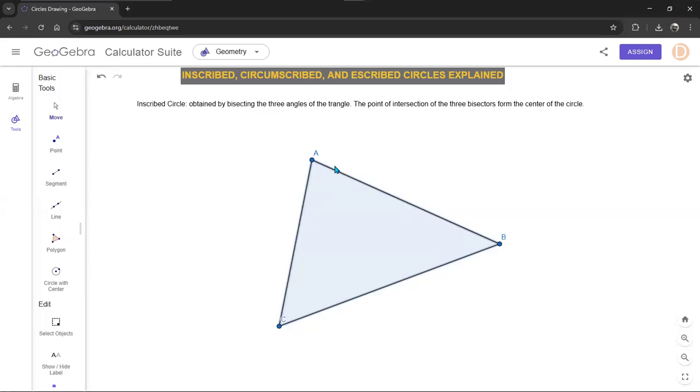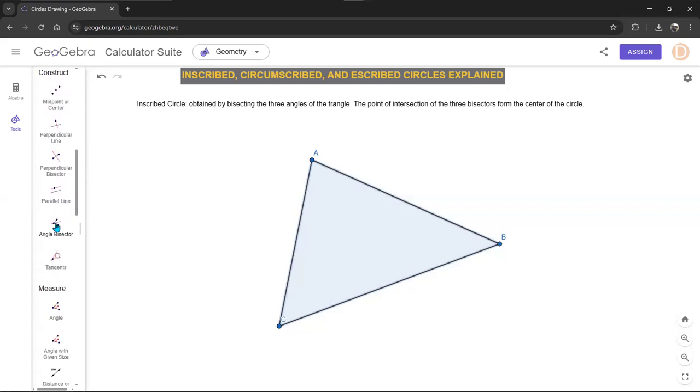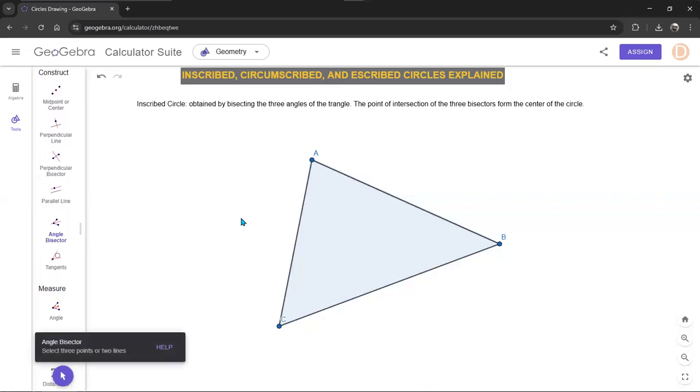We can choose three or we can use two, because provided the two lines intersect, even if we add a third line, it's going to intersect at the same place. So going to the bisection, you can start at A. Just select the angle bisector tool in GeoGebra. Bisecting the angle at A means we'll be dealing with the angle CAB.